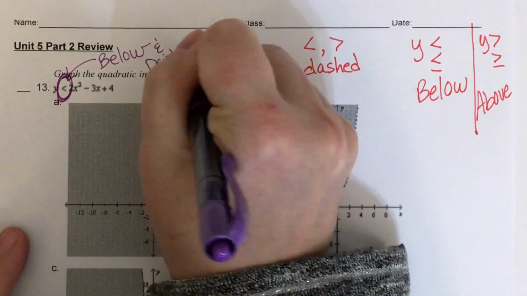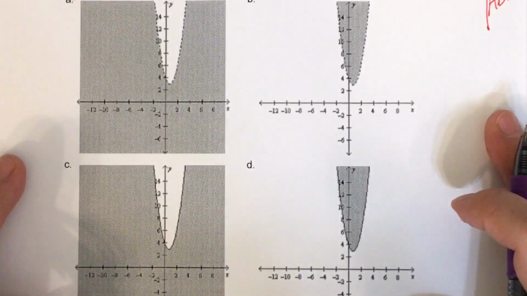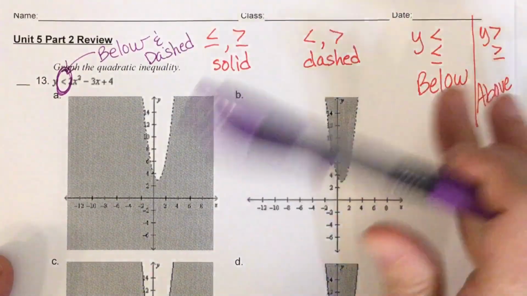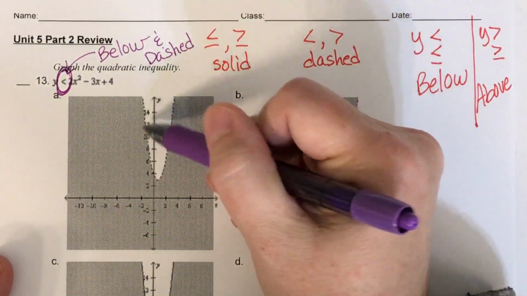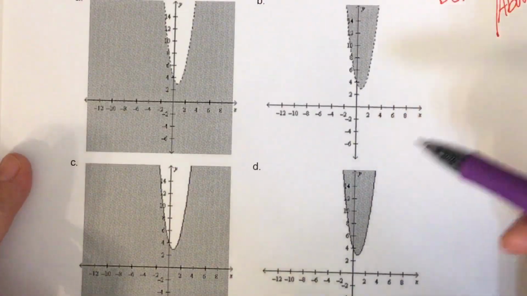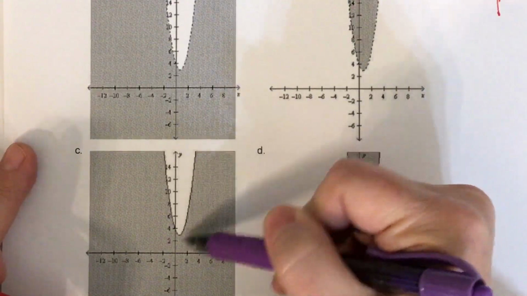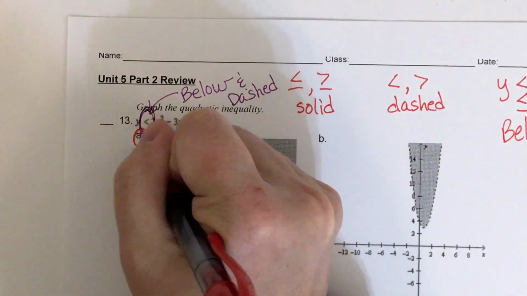Well, which graph has shading below and is a dashed graph? That one. The shading's below the parabola, and this is a dashed graph. This shading is above, this shading is above, this shading's below, but it is a solid parabola, so that means A is our winner, winner, chicken dinner.